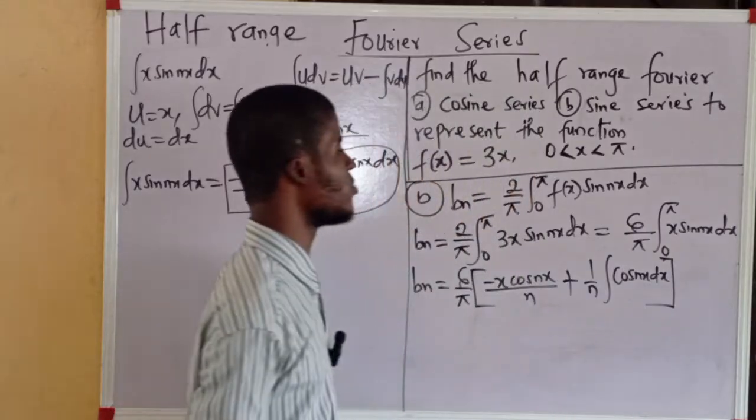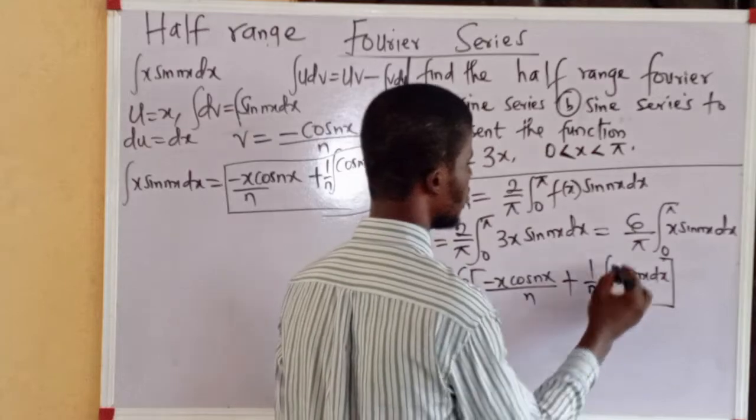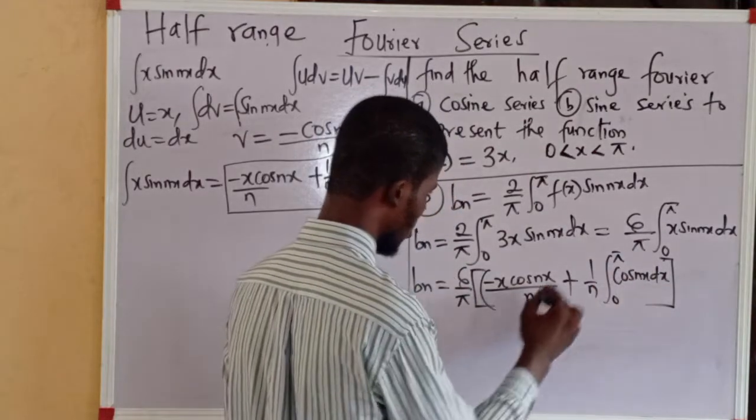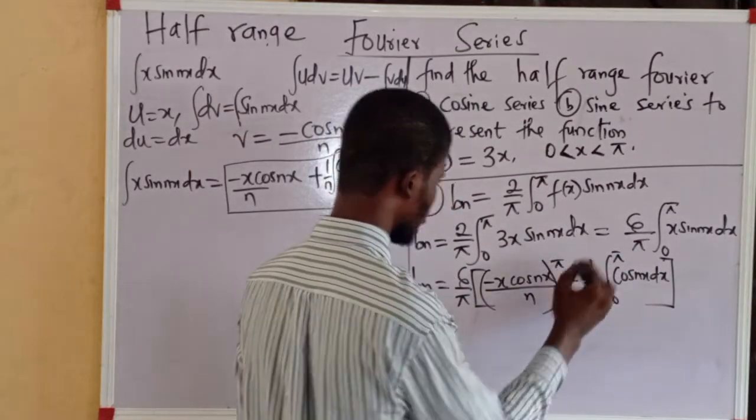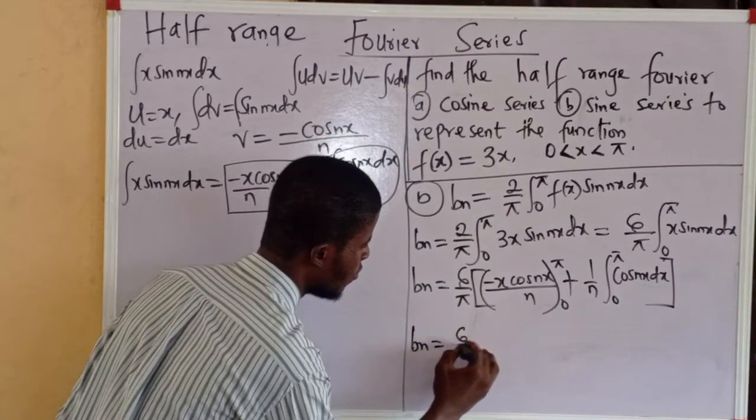The integration is from 0 to pi, for both terms. So let's go ahead. b sub n is 6 over pi.